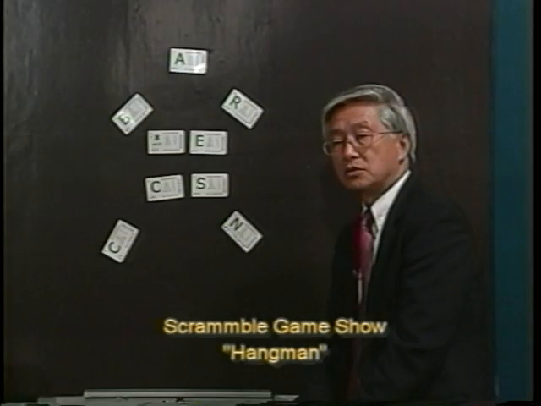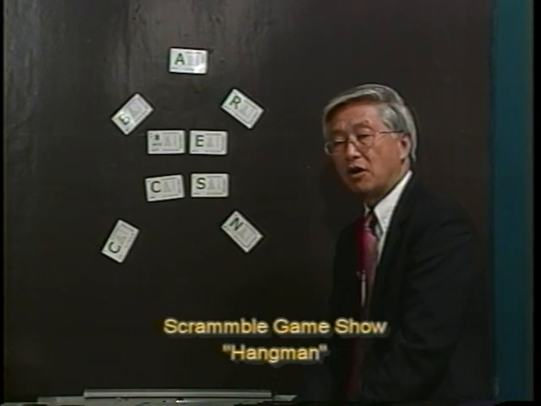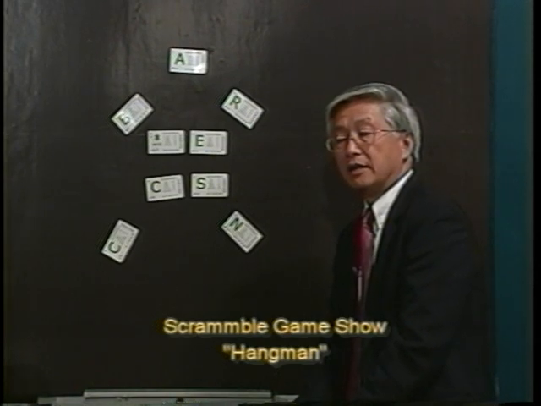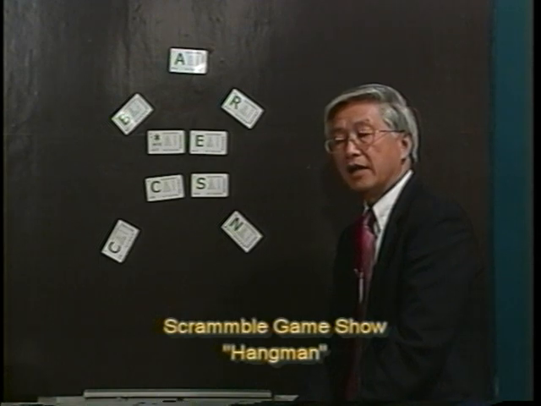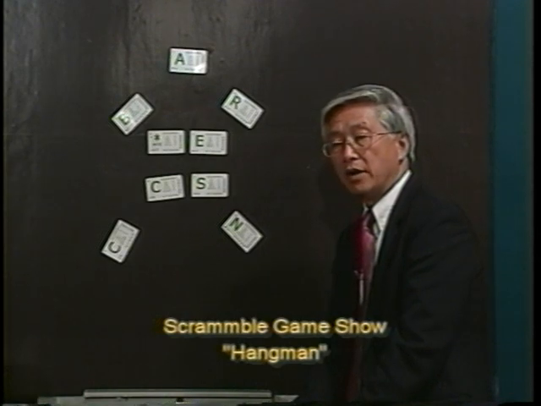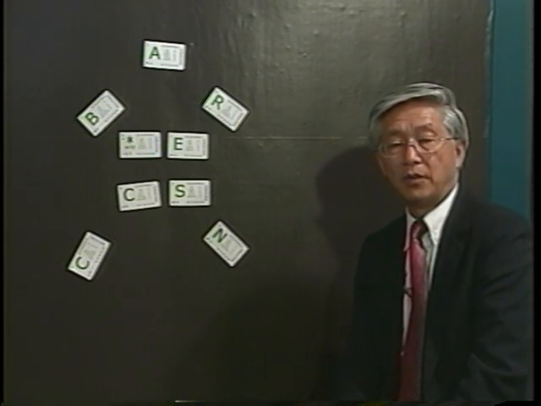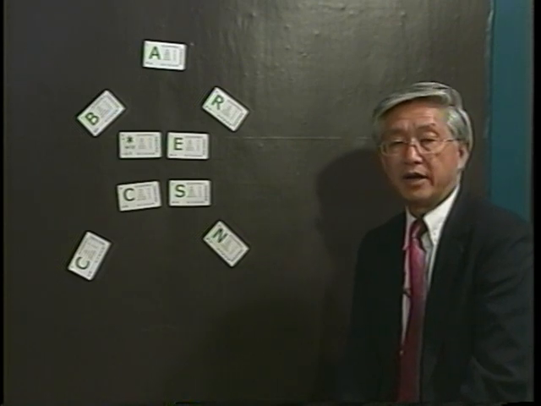And the trick is you have to make them fast, competing with someone else who is also trying to make words. In addition, if you can add a letter and scramble a word and make it into a longer word, you could steal the word from your opponent. So that makes the game very exciting.